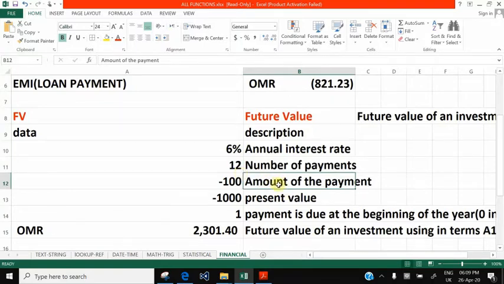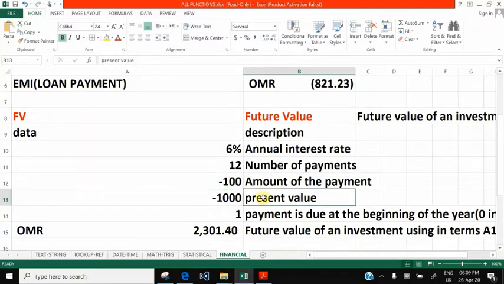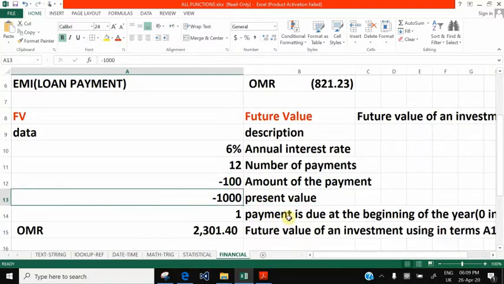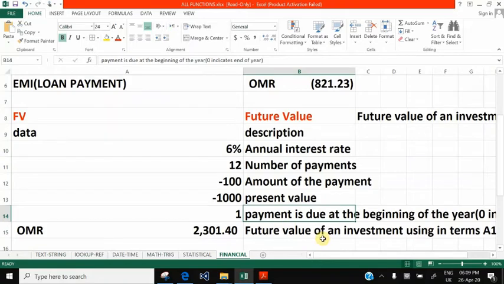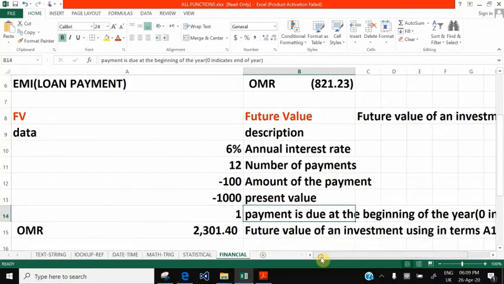The amount of the payment is 100, and the present value is 1,000. Payment is due at the beginning of the period, indicated by zero, or at the end, indicated by one.